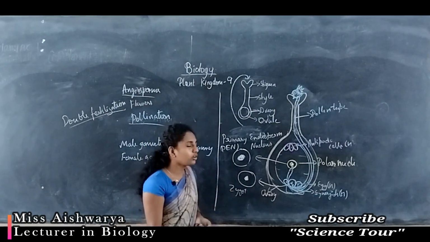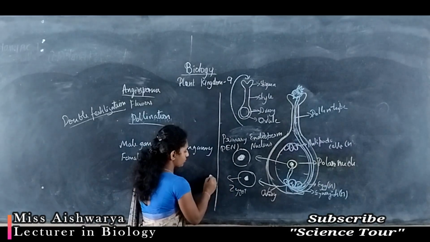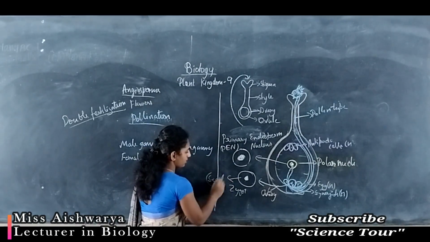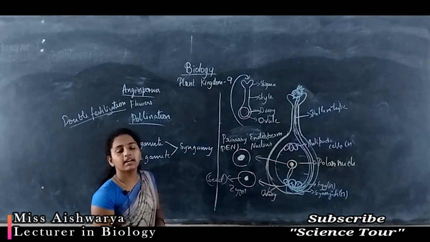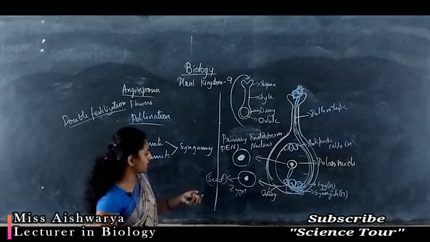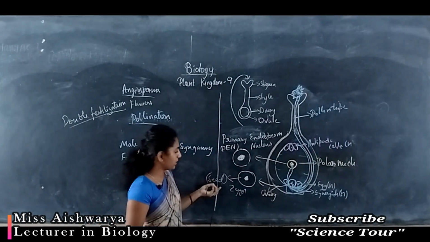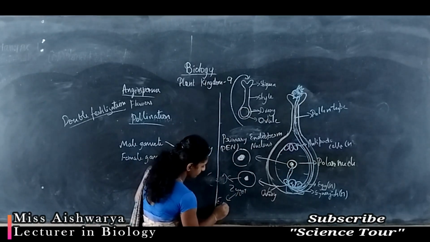Here the zygote will give rise to the formation of seed, and the primary endosperm nucleus will develop into a nutritive substance to the embryo. Sorry, the zygote develops into the embryo.